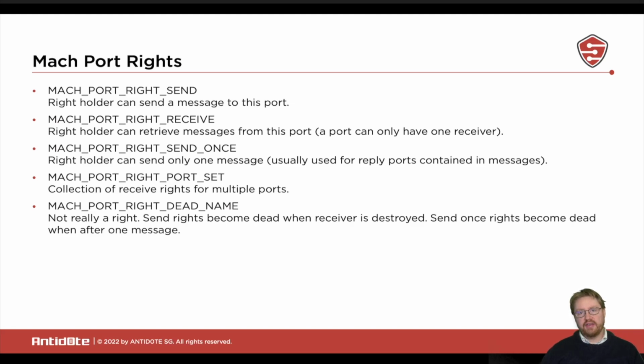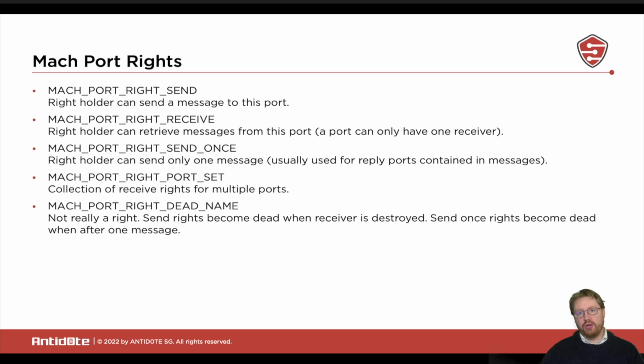Let's look at the rights that you can have on a port. The first right is the so-called send right. A send right means whoever has it is allowed to send Mach messages to that specific port. A receive right gives you the right to actually receive messages on a port.